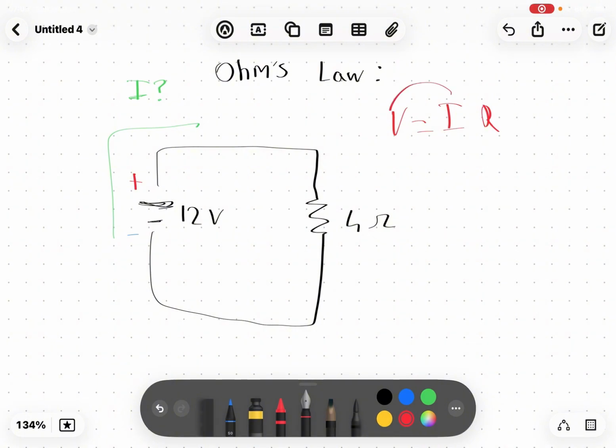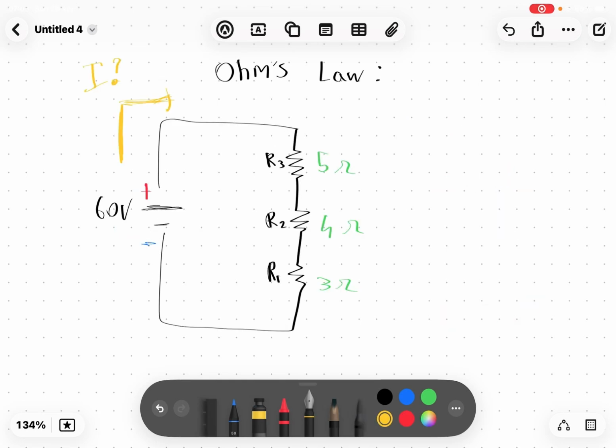I equals voltage divided by resistance, when I is the subject. So it's 12 divided by 4, and the answer is 3. So the answer would be 3 amps, because that's the current.